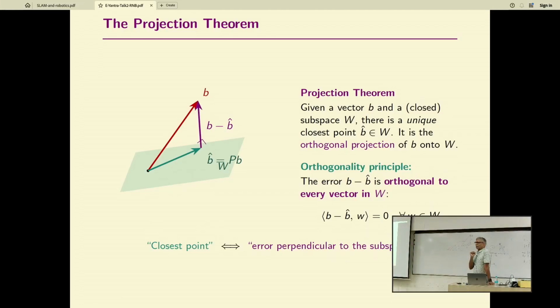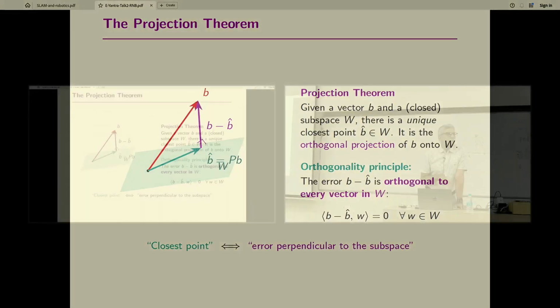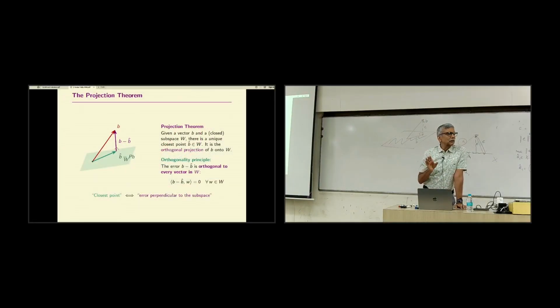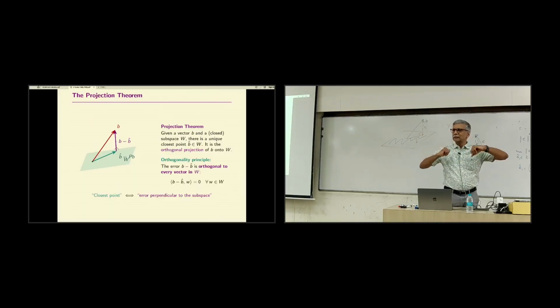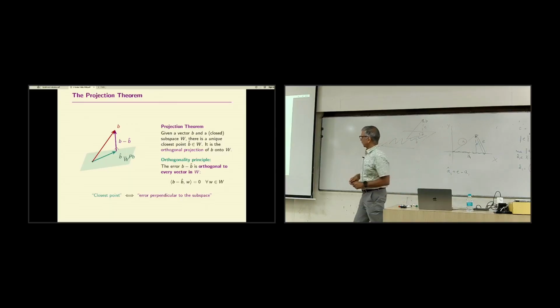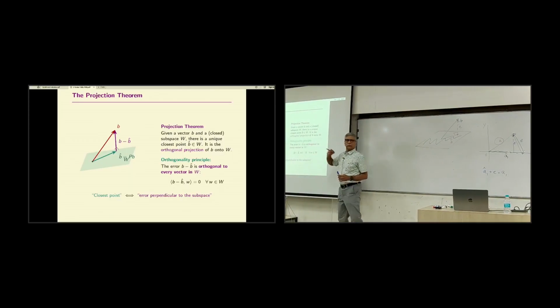Those who do Kalman filtering, many of you have done Kalman filtering, Kalman filtering works on this principle, that at every stage the error is orthogonal to the subspace, but in the case of a Kalman filter, that subspace is spanned by measurements, because you're using measurements, right? So this is a takeaway from this slide.